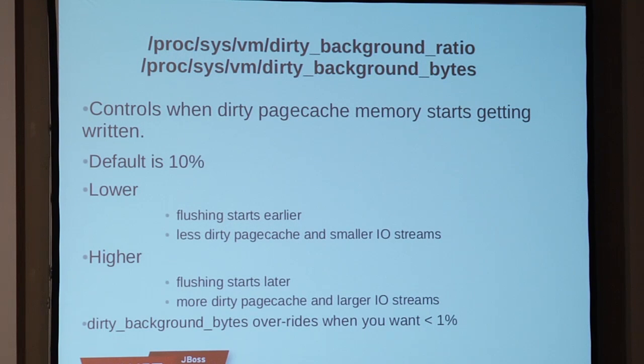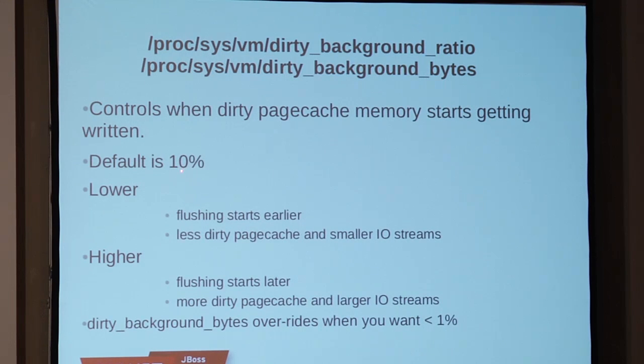The dirty write back from the page cache is controlled by two parameters, dirty background ratio and dirty ratio. The system allows you to dirty up the page cache. It's a write-back cache, so it allows you to write into the page cache until you hit dirty background ratio. Once you hit it, the system wakes up background daemons that start writing data back to the disks.